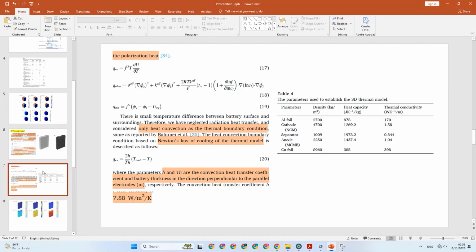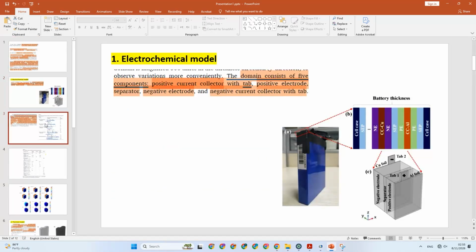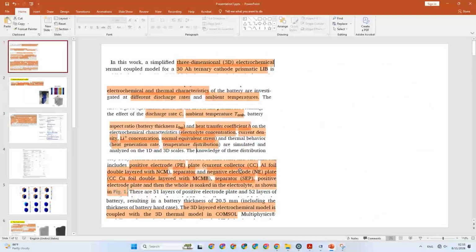It's the same. Why, I don't know why. Here they talk about Al foil cathode, separator, anode Cu. Cu is anode, Al is cathode. Yes, positive is cathode. I was right. Cu is anode, negative electrode. Okay.